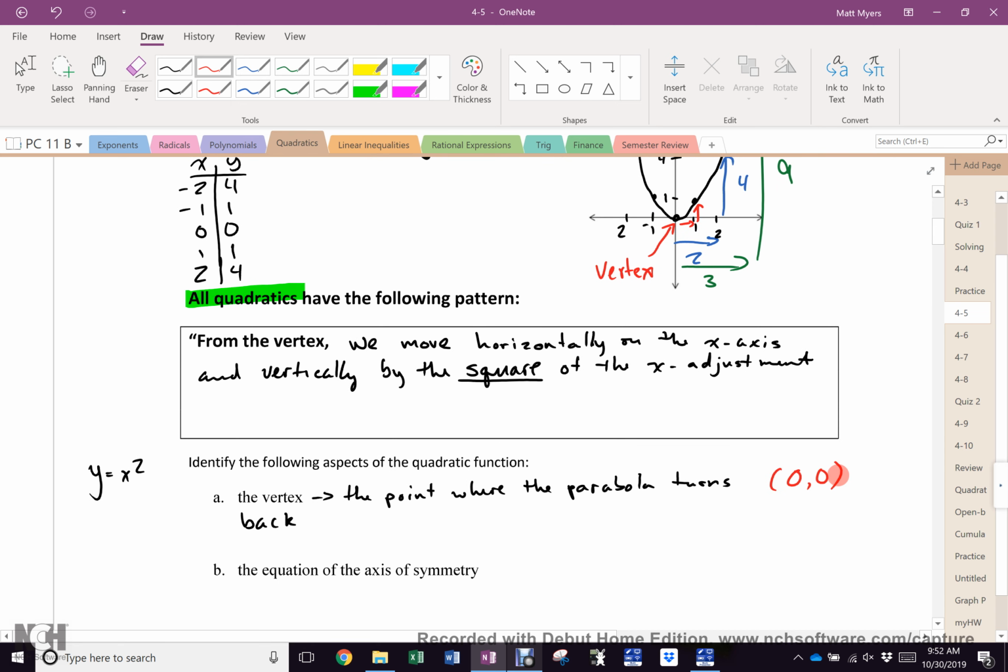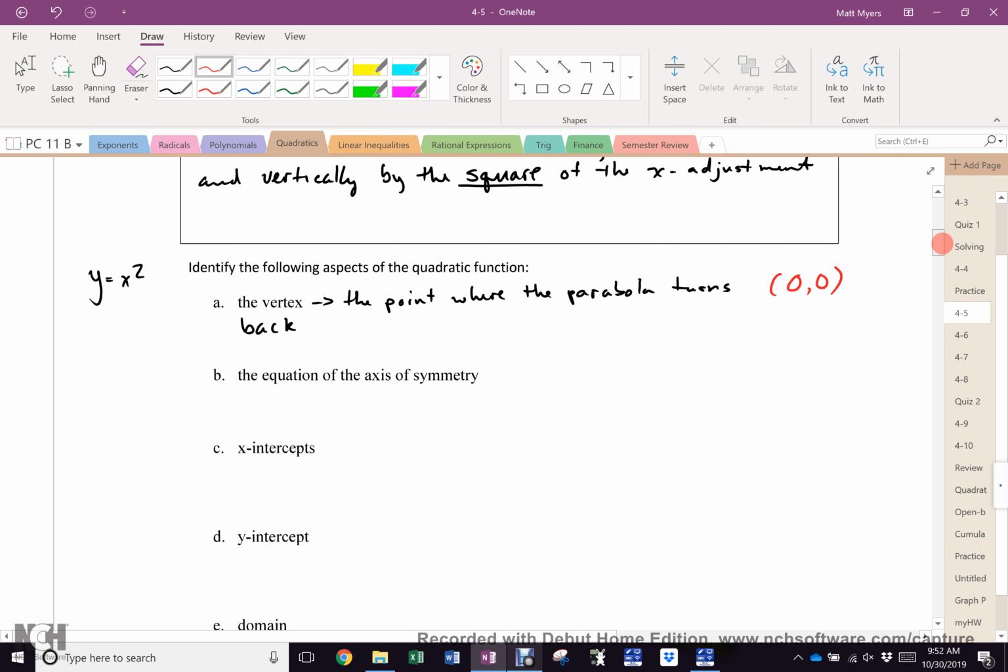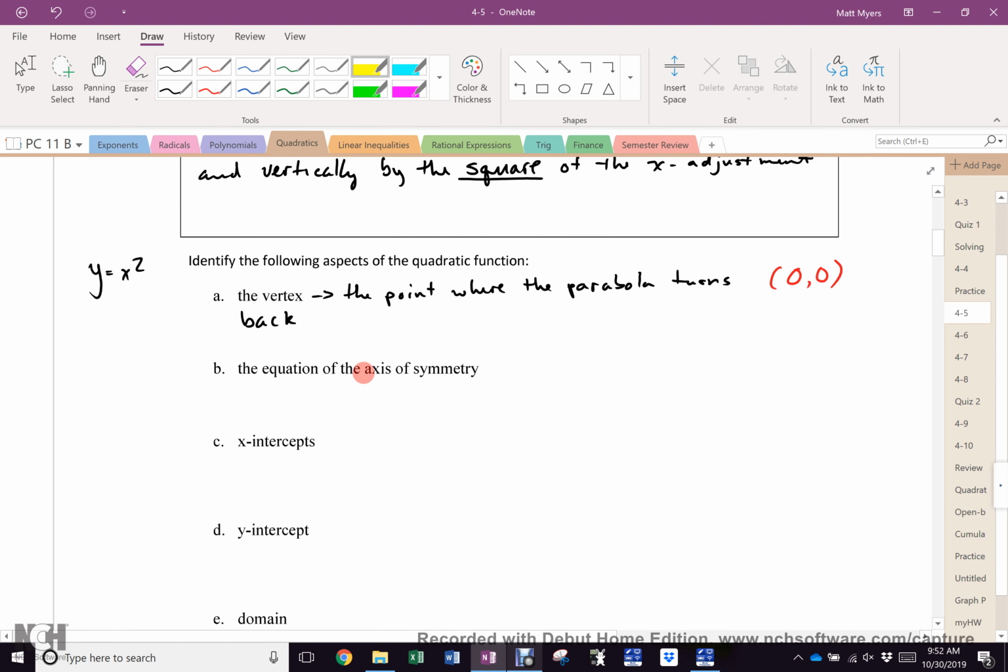Remember, every point on a graph has 2 coordinates. All right, now the next one. There's a new word there. Axis of symmetry. What does symmetry mean? Same on both sides, right? So let's look at this parabola.